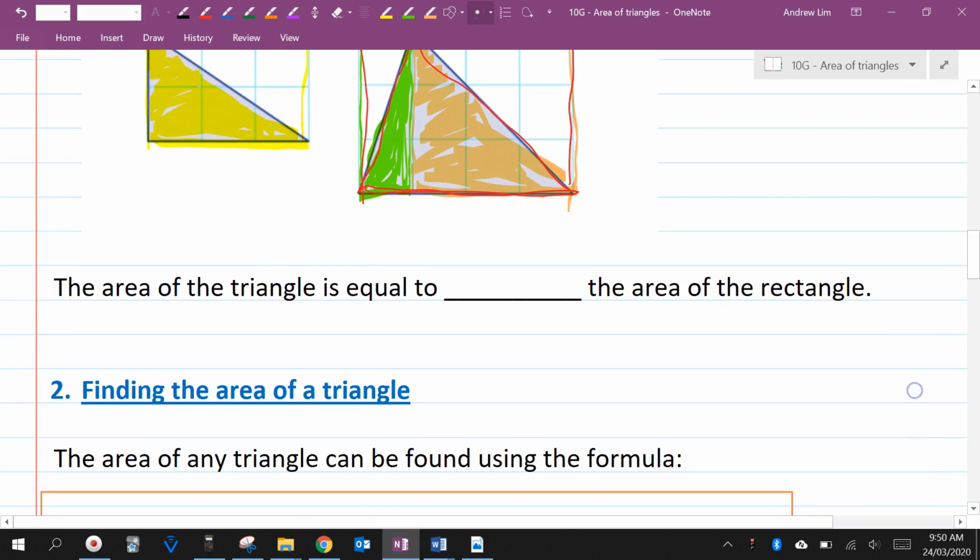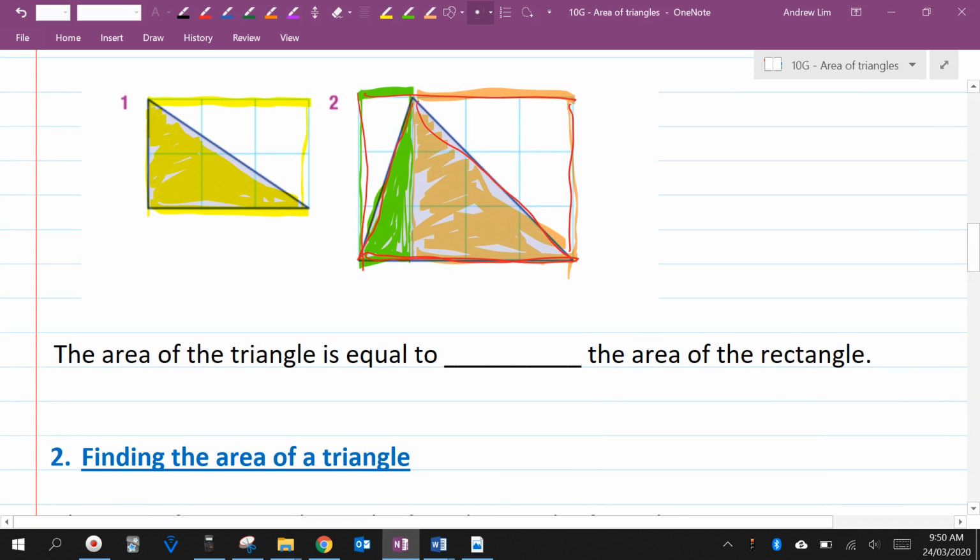Okay, so what do we notice? We notice that the area of the triangle is equal to half the area of the rectangle. So because we know that the area of a rectangle is length times width, so let me just write that as area of rectangle.